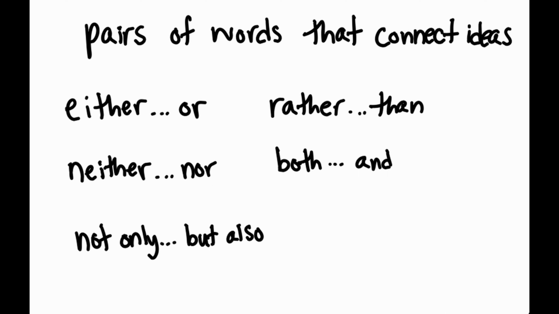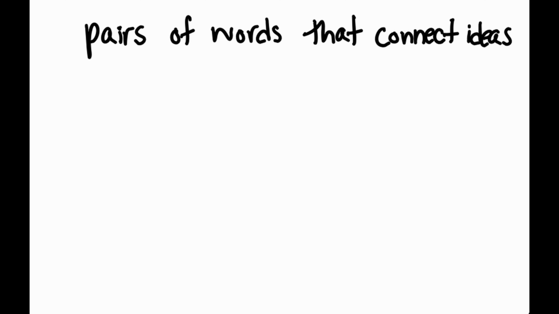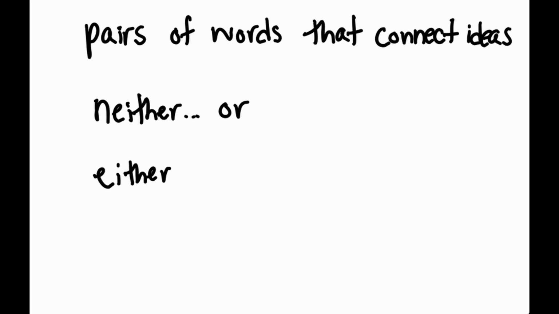So let's look at how they can be used. There's a pretty decent amount of leeway with these. People in conversational speech don't really tend to notice if you use them wrong. So, for example, I listed either and or, and neither and nor, but sometimes people will use neither with or, or either with nor.